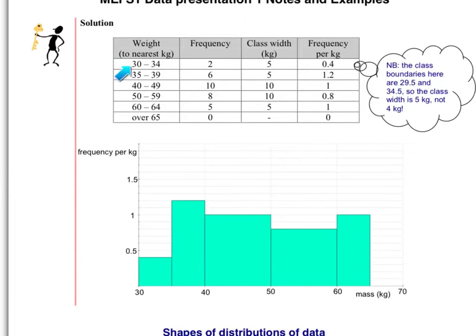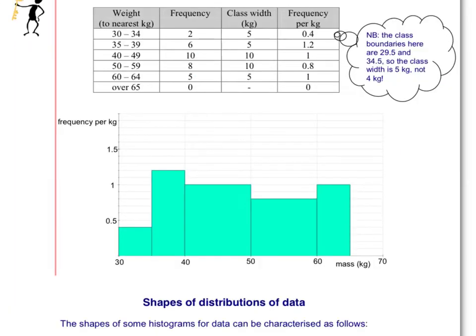And so it will be from 29.5 to 34.5, and that gives us a class width of 5. And then we simply do frequency over class width to give our frequency density. If we were to plot that, please remember to put down either the frequency in terms of kilograms in this case, or frequency density against the units of your intervals.